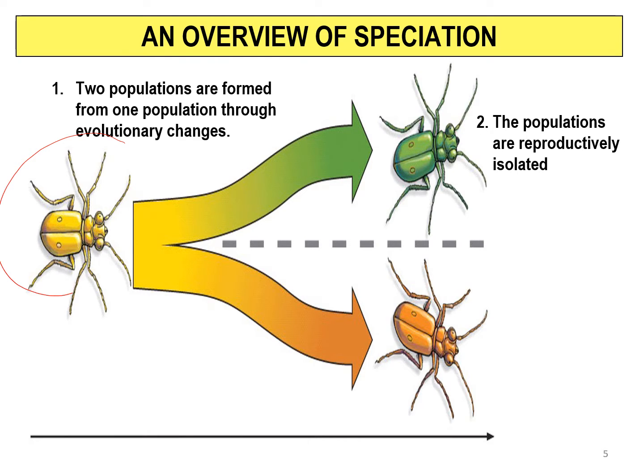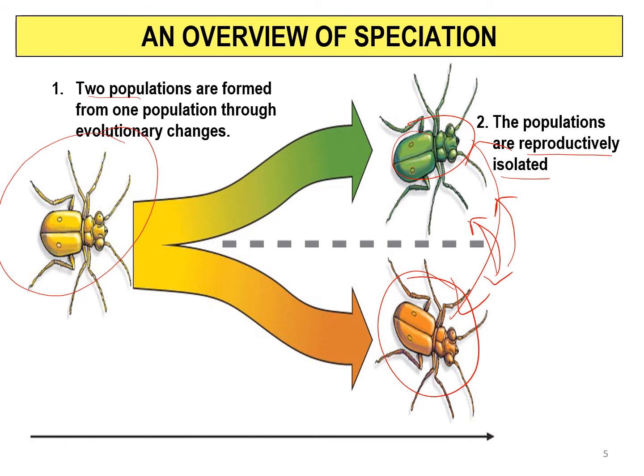We have one species here, and then it produced two types of populations. And these two populations are reproductively isolated. When they met, bila dia berjumpa, they cannot interbreed. So if the green one cannot interbreed with the orange one, then the green and the orange are considered as different species.